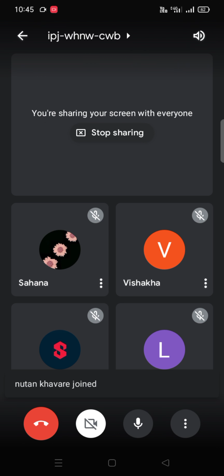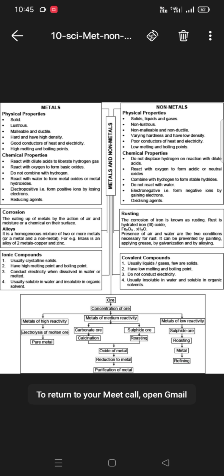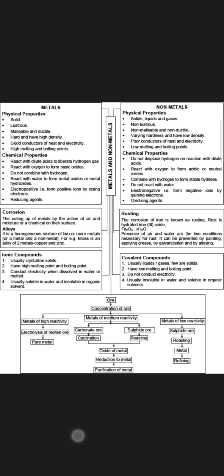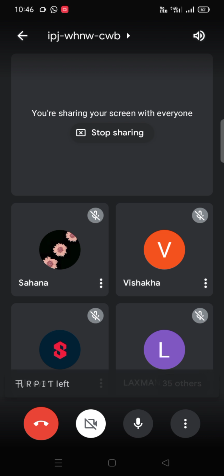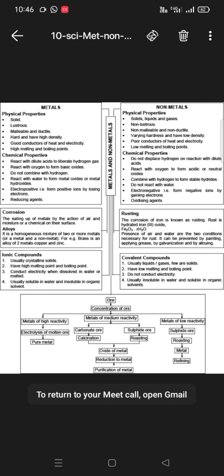What is the role of a conductor? A conductor gives us the ticket so that we can travel from one place to another. In the same way, children, the conductor conducts heat or electricity from one source to another. For example, when you switch on the button, is the fan or light going to work after one day?